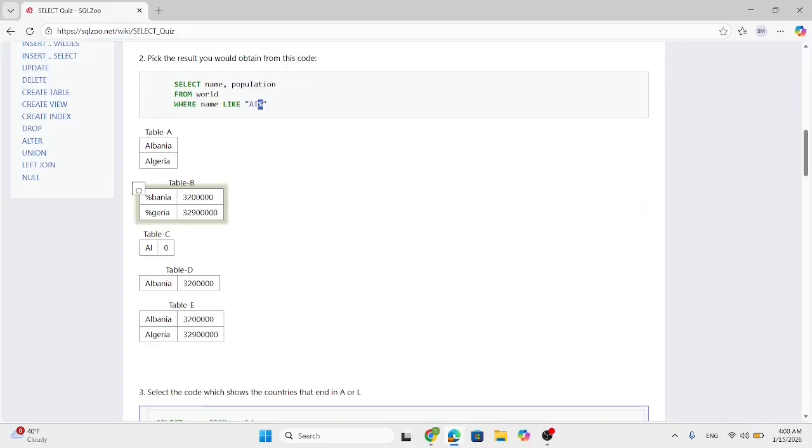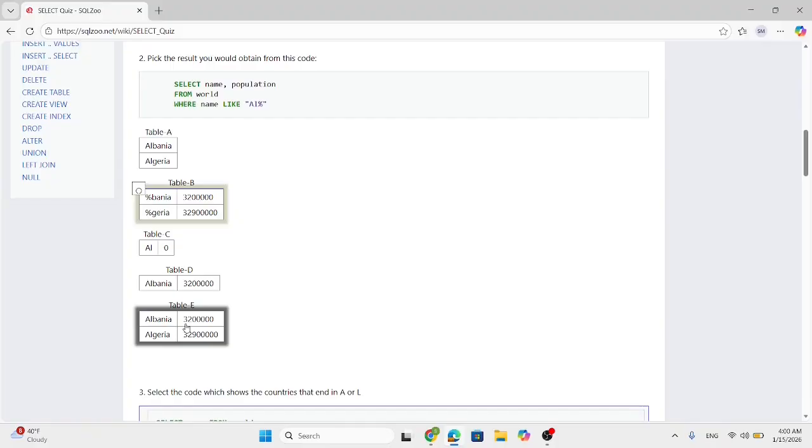This means that AL should come first. So that's why A and B are deleted, and table C is deleted because it doesn't mean AL. It means the country name which starts with AL. So it can be Albania and it can be this one.